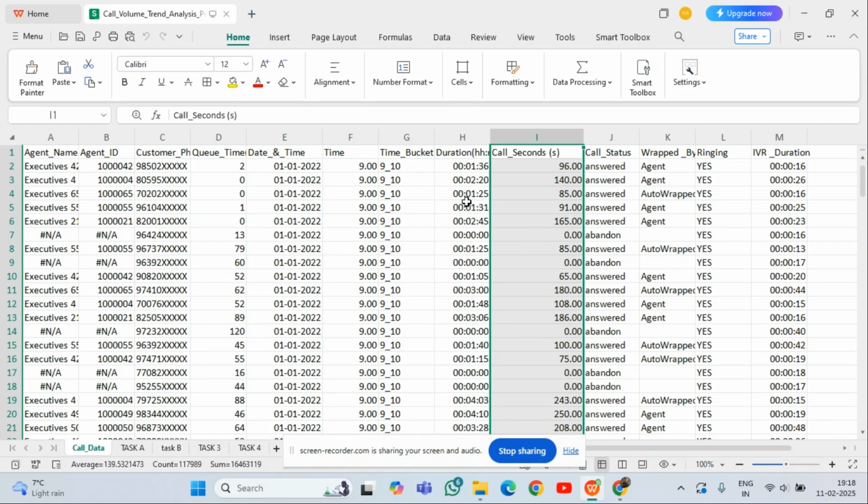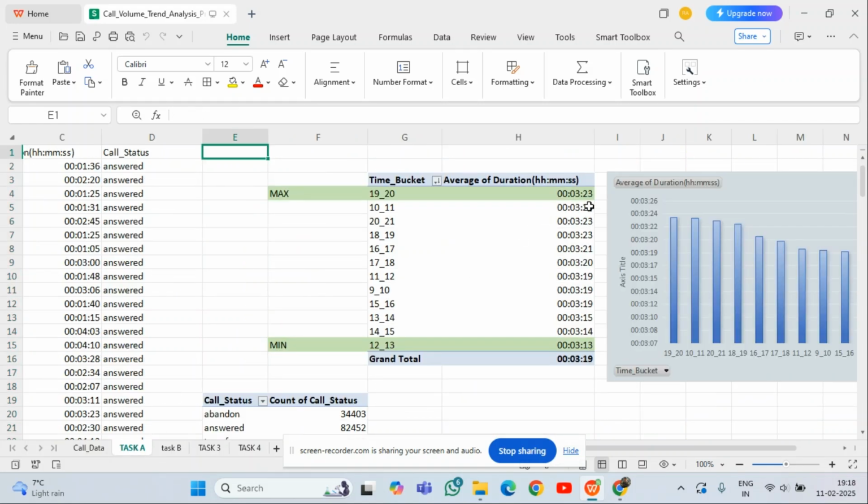You can calculate the average time for each and every column in minutes, or also in seconds. You can do this in both formats. I did it in minutes format, but remember to convert it beforehand.